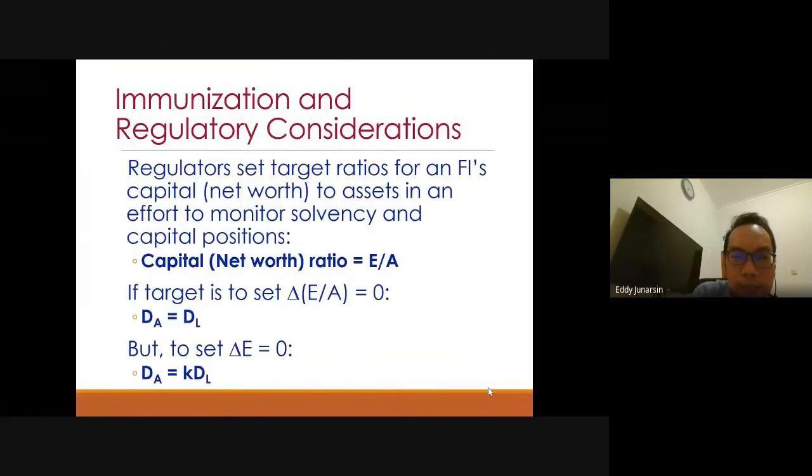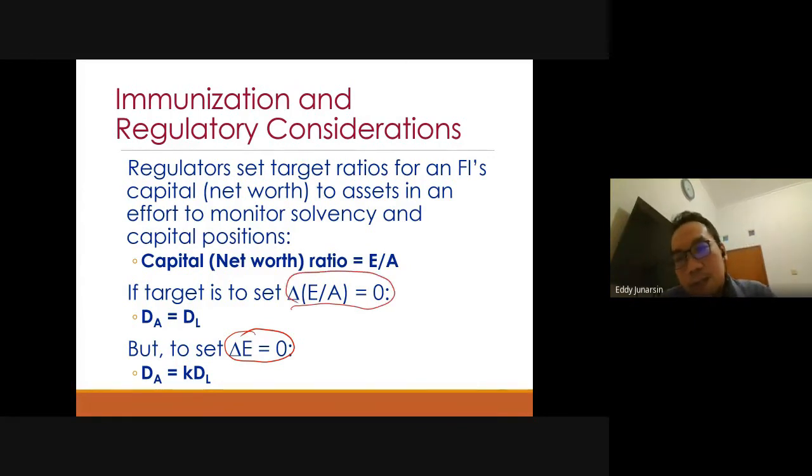One more thing here. Delta equity is something that stockholders or owners are interested in, but the regulator, for example the Financial Services Authority or central bank, is more interested in this ratio instead of pursuing delta equity to be 0.